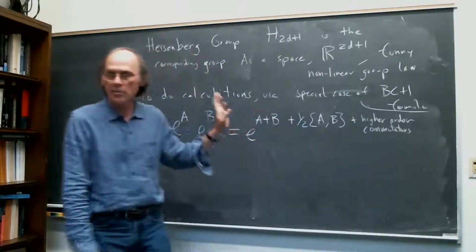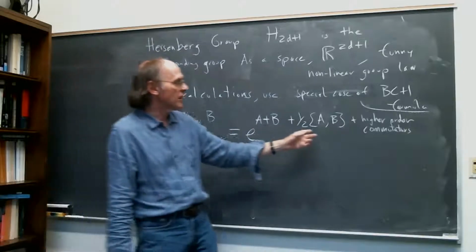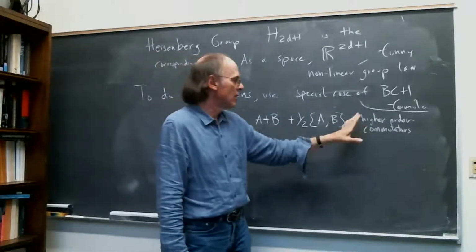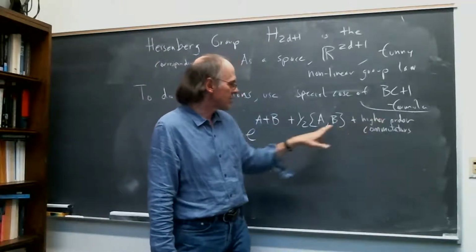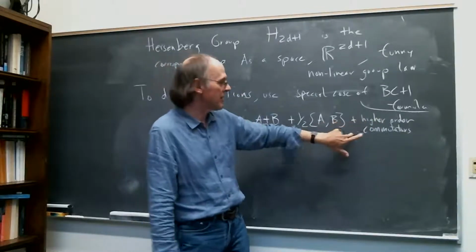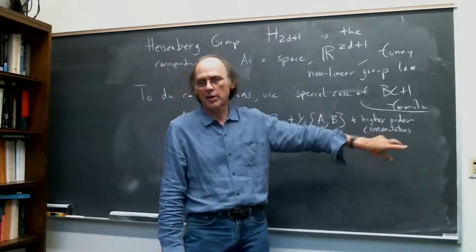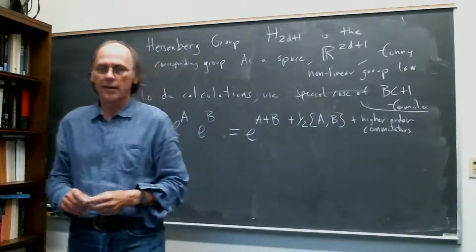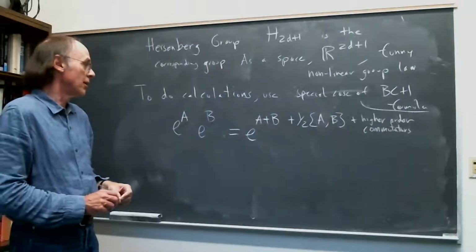So you get a bunch of higher order terms which are given by taking not just a commutator of two objects, but the commutator of an object and a commutator and a commutator. So that's the general formula.